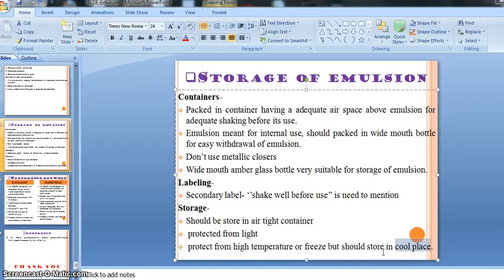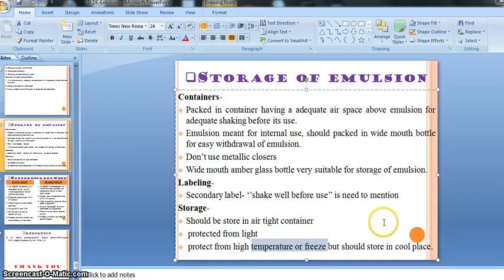That's why it is recommended to avoid storing our preparation at a high or freezing temperature, because under these conditions our preparation can become cracked or creamed, or undergo phase inversion also. That's why we are aware of this, right?